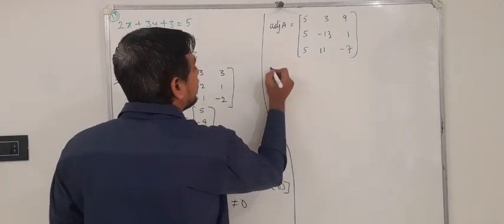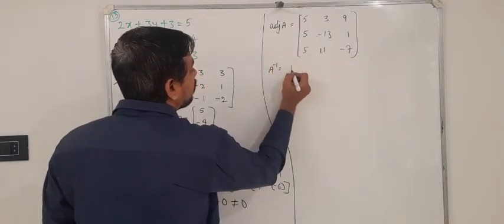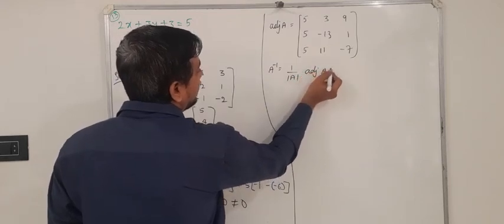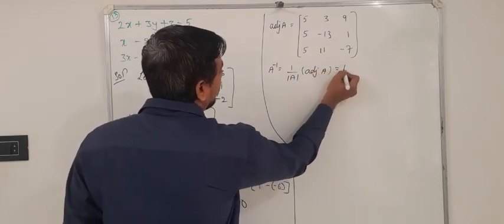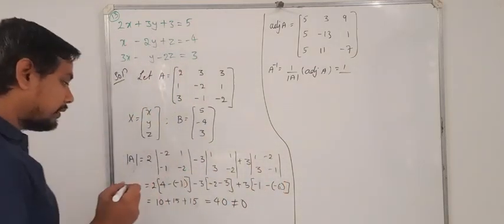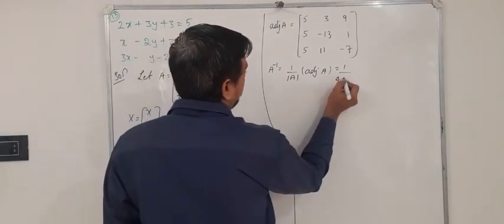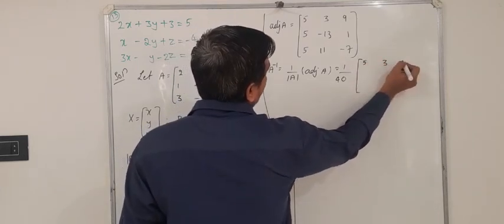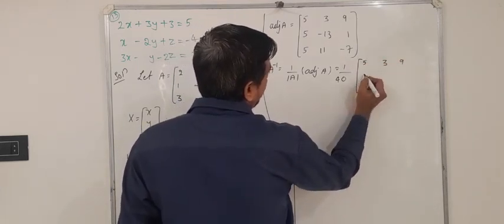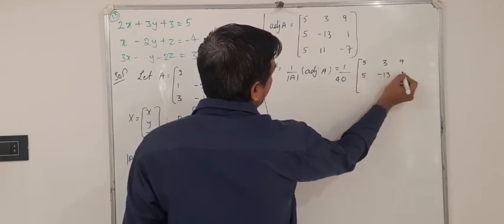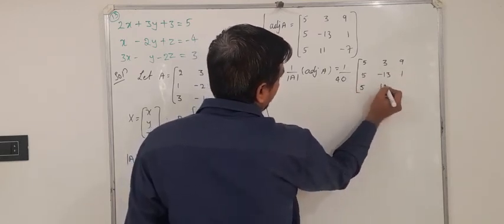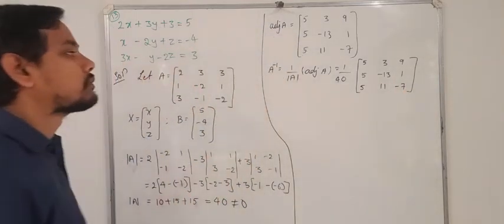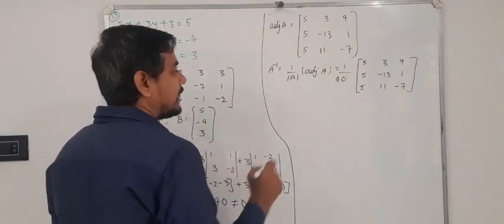So now A inverse is equal to what? 1 upon determinant A into adjoint A. Okay, so 1 upon, what is determinant A? 40 into adjoint A. 5, 3, 9, 5, minus 13, 1, 5, 11, minus 7, right? Okay. So this is A inverse.